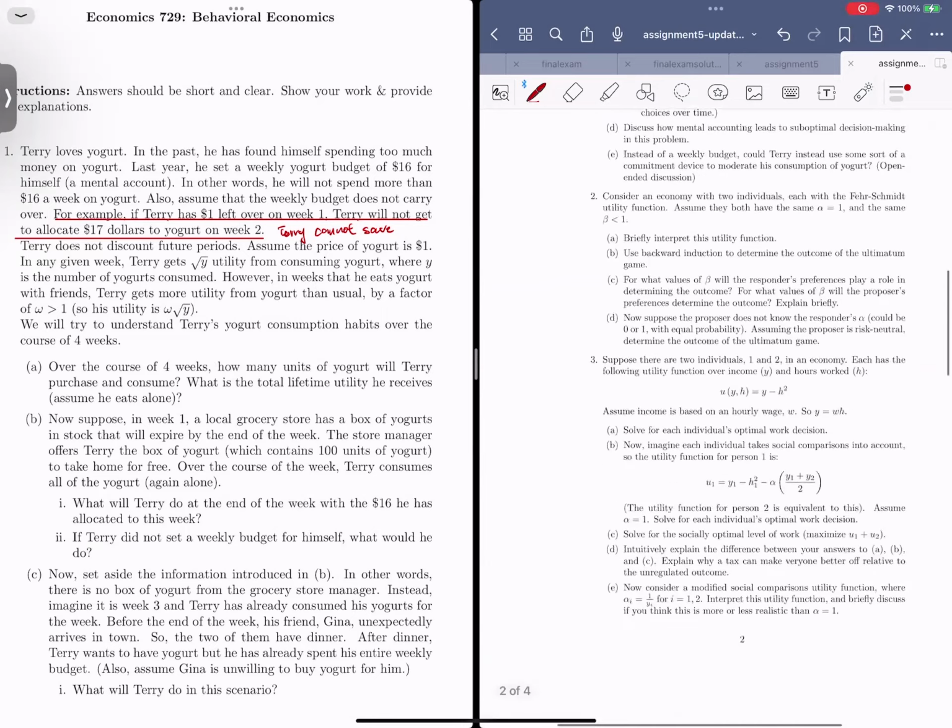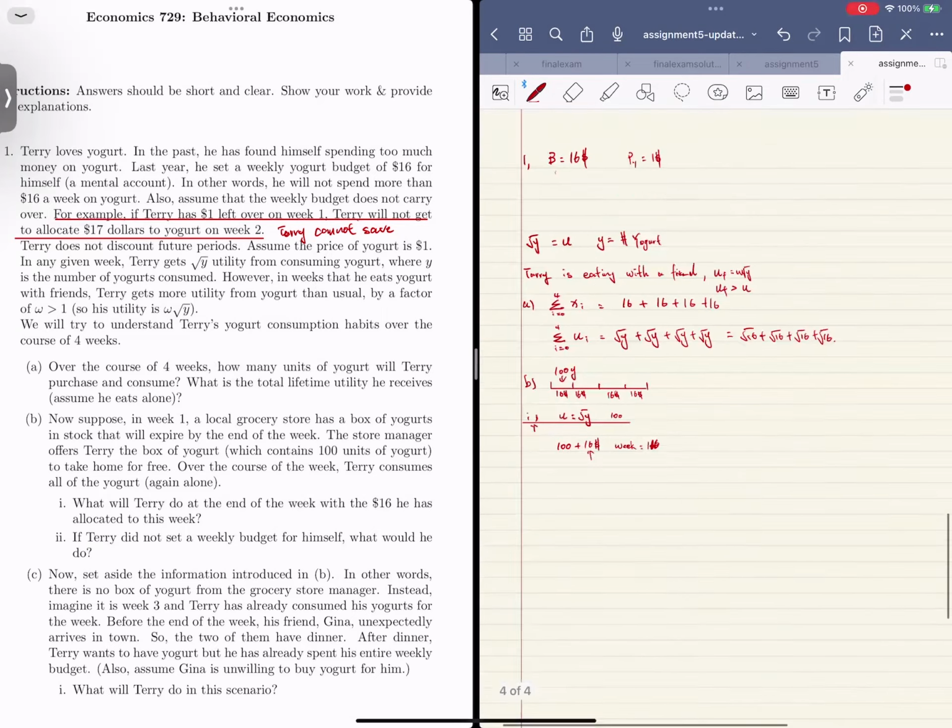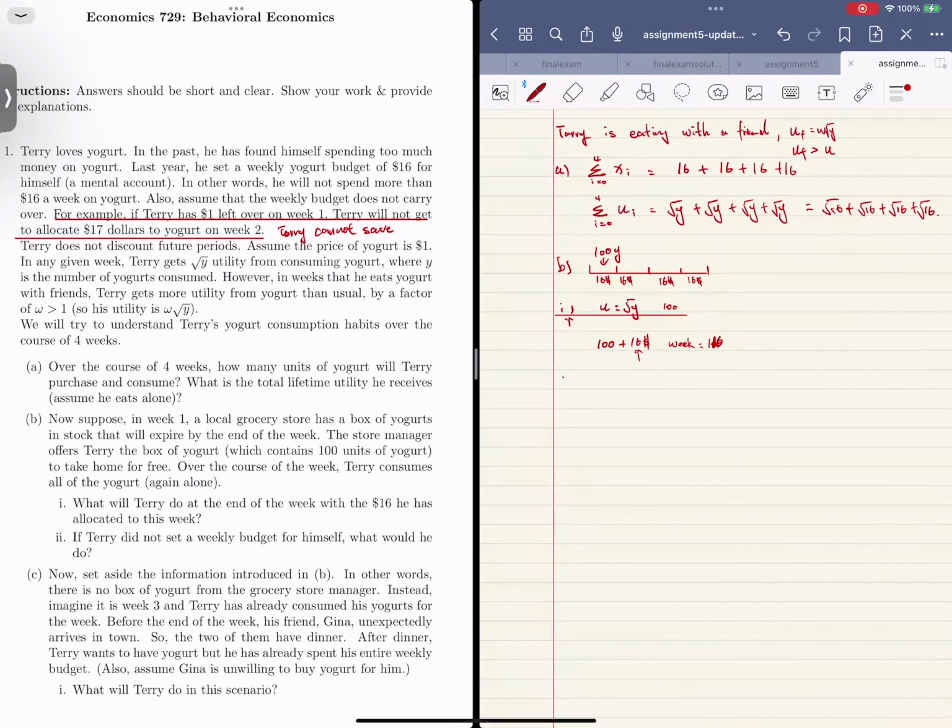But in 2I, which is if Terry did not have the mental accounting, his distribution will likely be this.